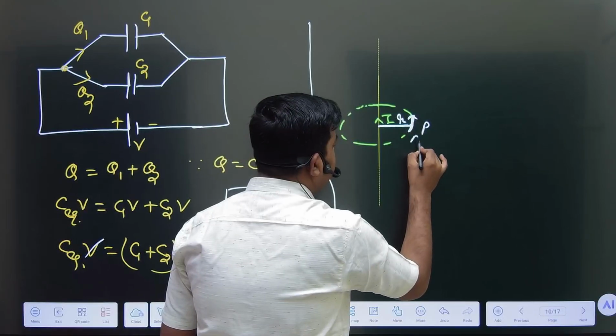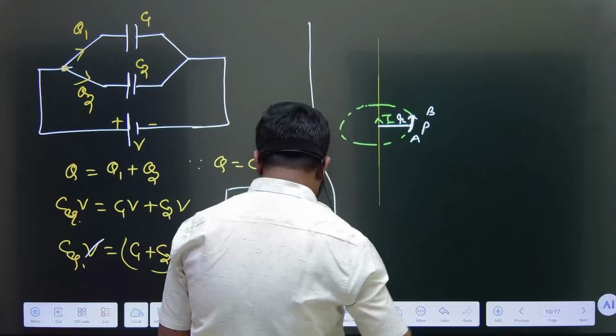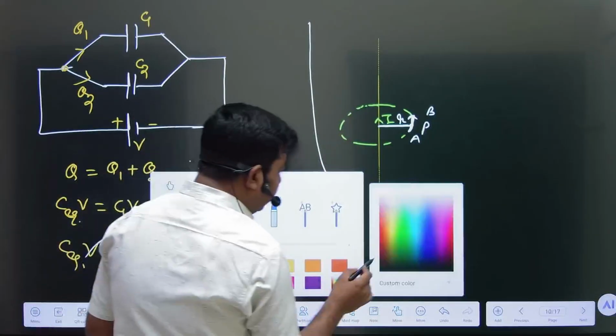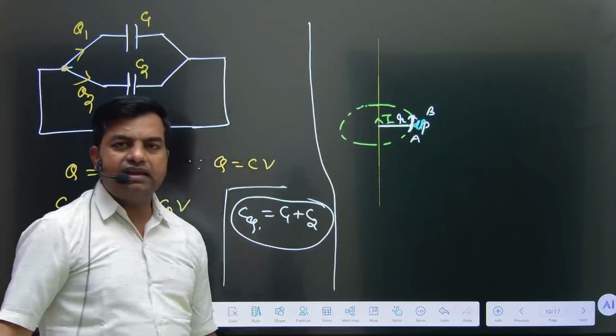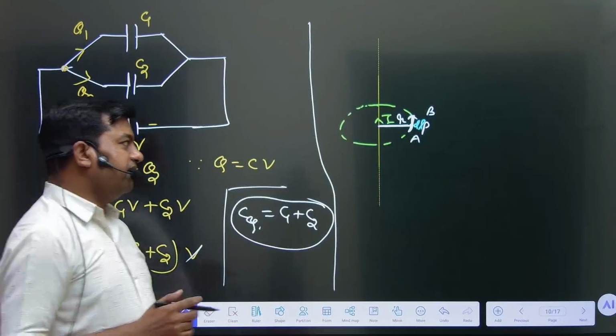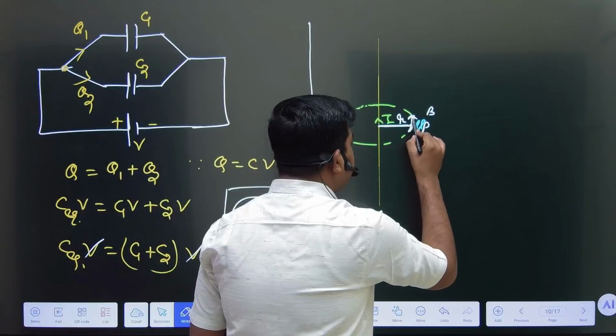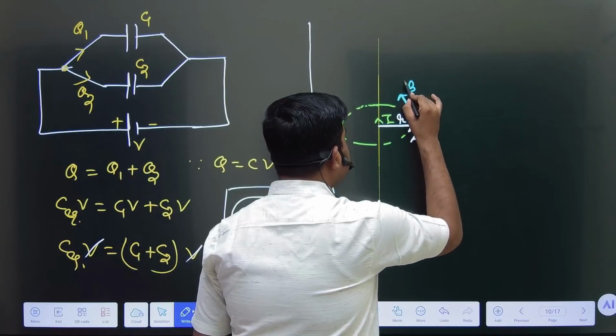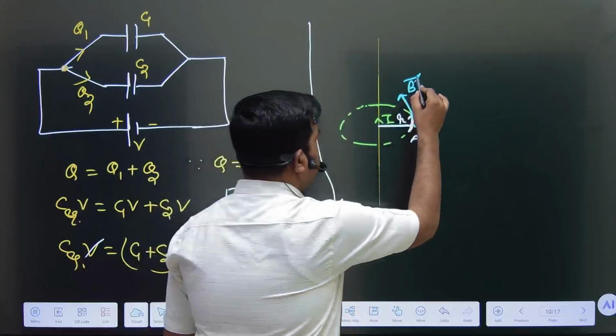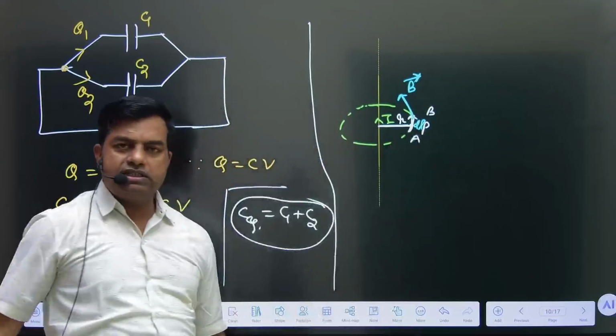This is the element AB having length dl. We have to calculate the magnetic field due to this small element of length dl. The direction of magnetic field at any point is always tangential to the loop. This is B vector.